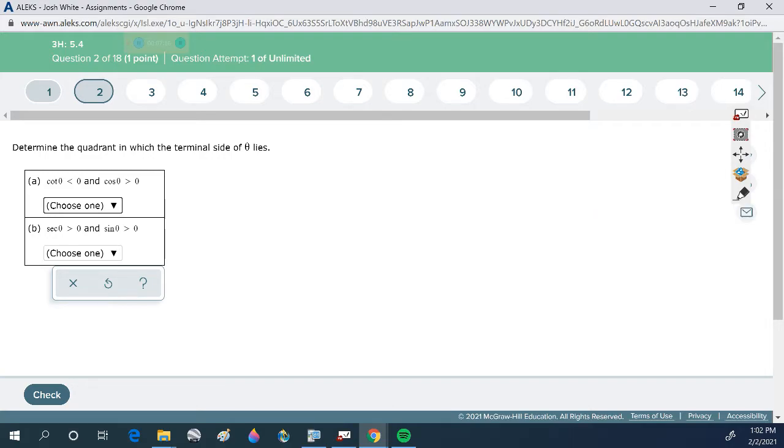Okay. Determine the quadrant in which the terminal side of theta lies. So we have a negative cotangent value and a positive cosine value.